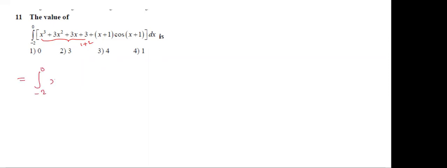That formula is x plus 1 whole cube, plus the remaining 2, plus the remaining part x plus 1 into cos of x plus 1 dx. Students, do you understand now? Next, after this, let x plus 1 be equal to t.